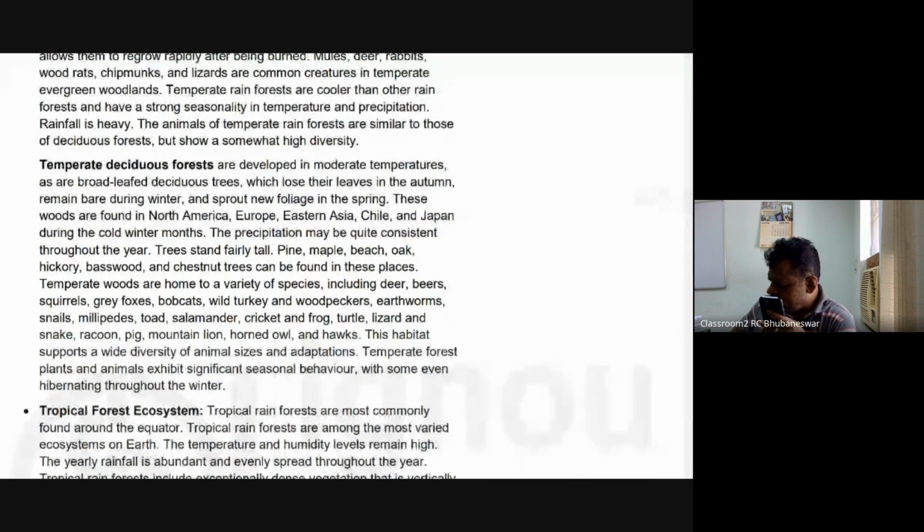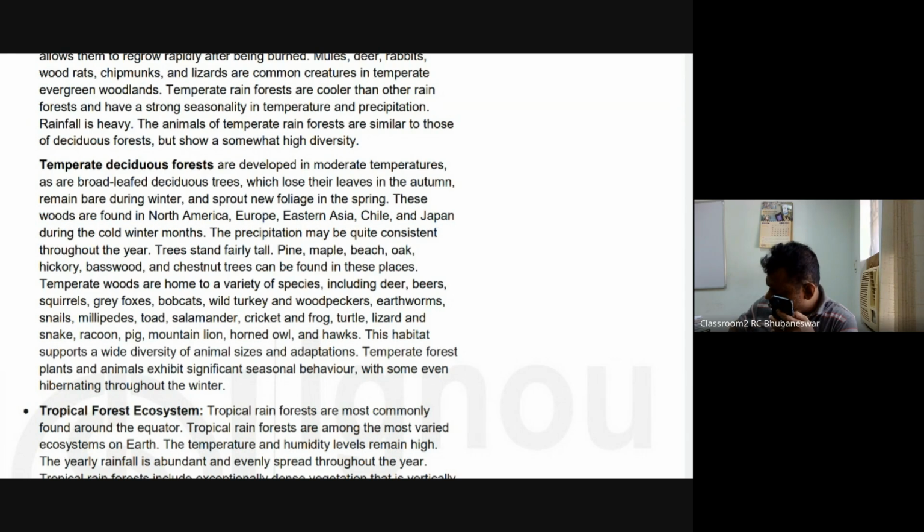Here the temperate deciduous forests are well developed in the moderate temperature regions, and these deciduous forests will have broad-leaf deciduous trees. Because the temperate evergreen forests receive an ample amount of precipitation, the leaves will be different. The temperate deciduous forests have broad-leaf deciduous trees.